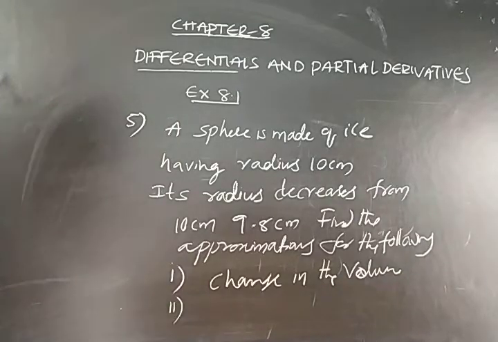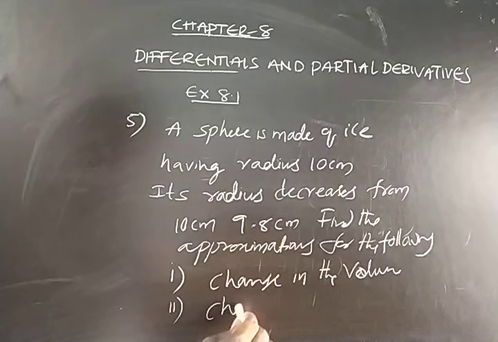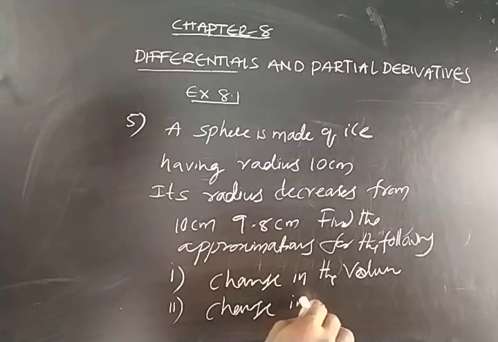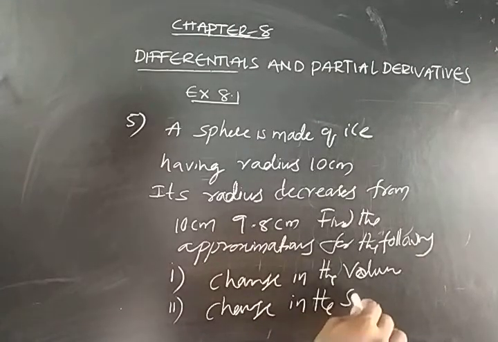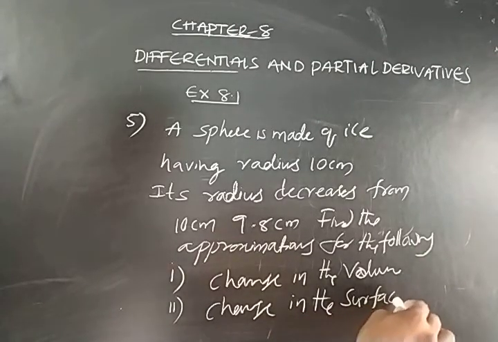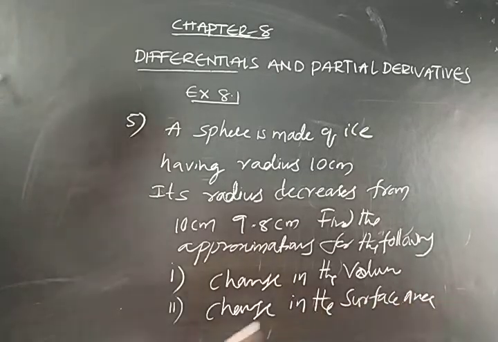Second question is change in the surface area. So see here, the sphere is made of ice whose radius is given as 10 centimeters, and the radius decreases from 10 centimeters to 9.8 centimeters. So here we have to find the change in volume.